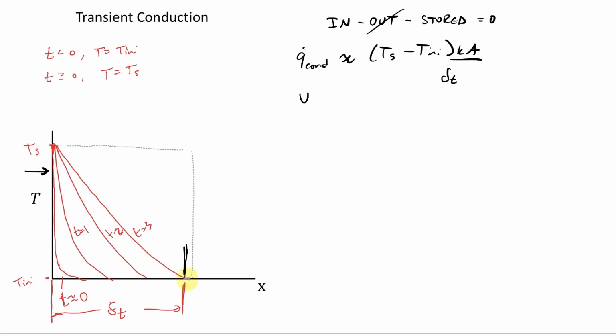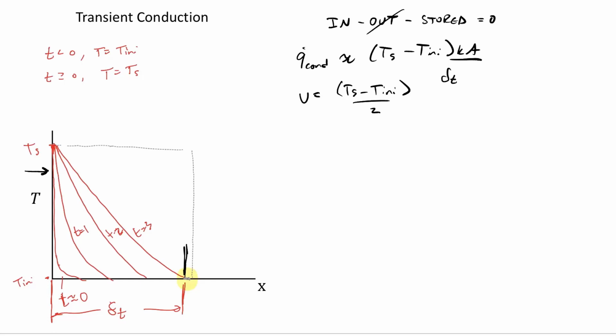So for stored, we have U, the stored energy here. Let's think about what U is going to be for our control volume. We've taken the temperature going from T initial up to T surface, but not everywhere through the control volume. So if we again say that temperature curve is approximately linear, then what we have for an internal energy change would be approximately (Ts minus T initial) divided by 2.